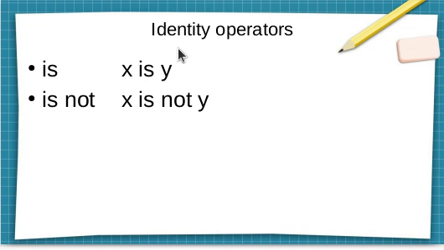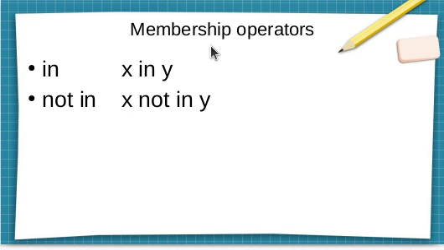Now identity operator. If x is y, it is like equal to: if x is equal to y, then it will give us true, or if x is not y, it gives us true when x is not equal to y. Now membership operators: in and not in are the two membership operators of Python.